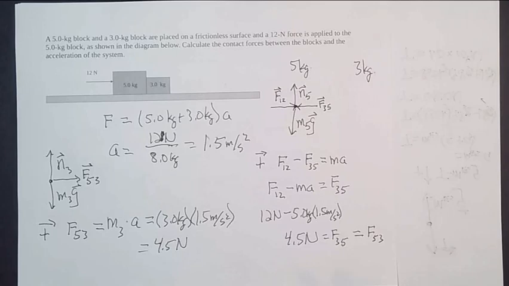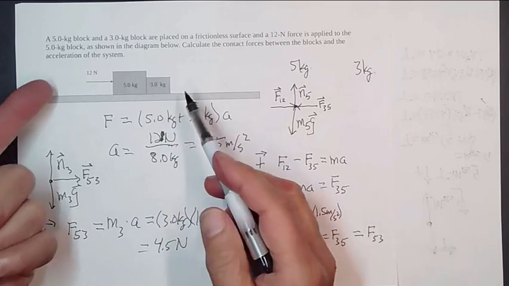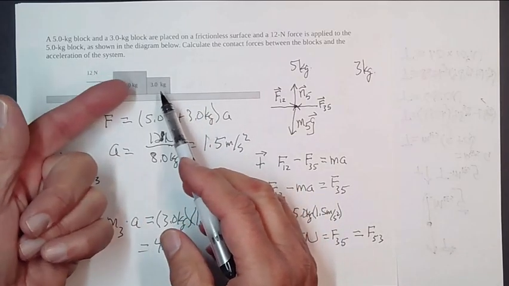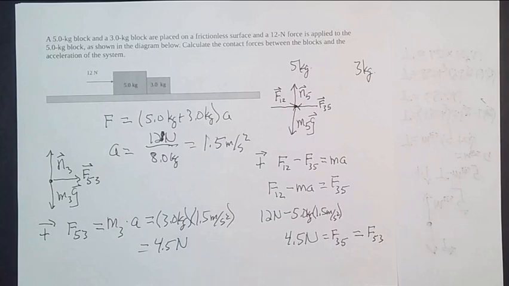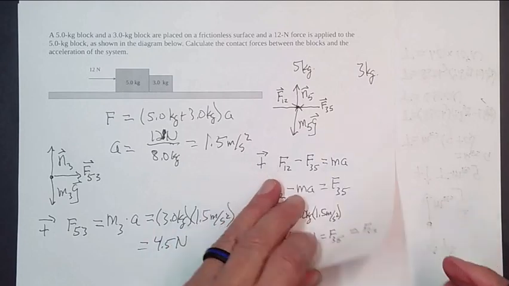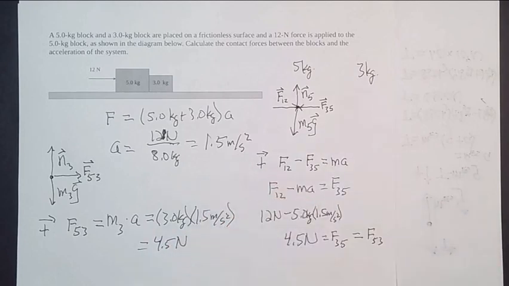So first we solved it by just combining these things into a single mass, and then we individually solved those things knowing the accelerations. Okay, some Newton's third law applications, and then one involving a chain that wasn't so much a Newton's third law application.